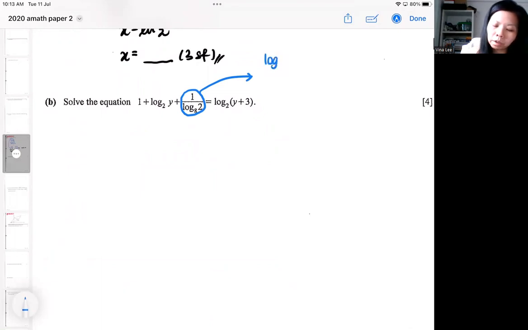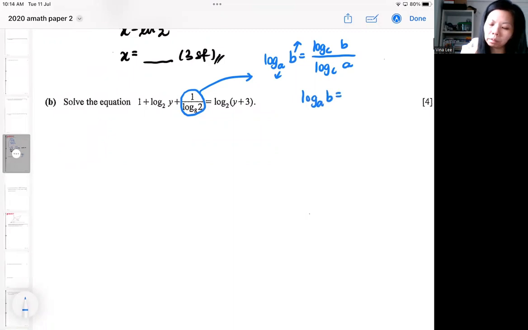So our typical change of base formula is usually like this. So we will do a change of base. There is another one that actually comes from changing it to base B. If you want to change to base B, you will get a 1 over.